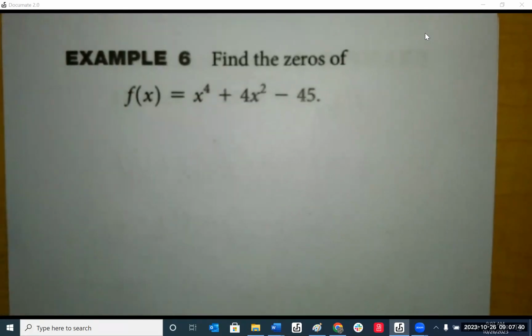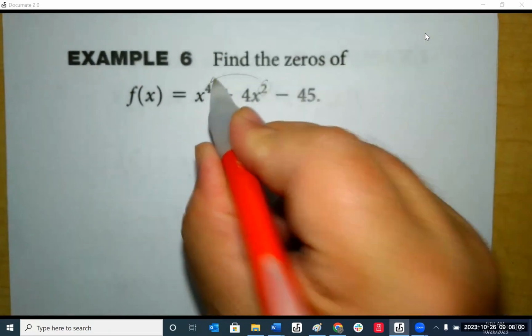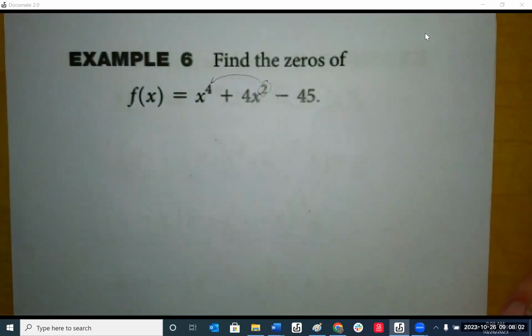And the last one for this section, find the zeros. What can you tell me about this function? It's quadratic in form, right? Because the middle term times 2 equals that. So it's quadratic.